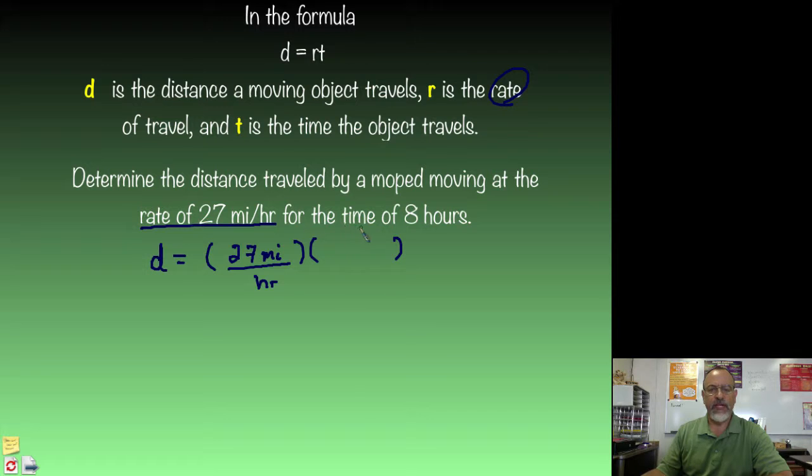And then it says for a time of 8 hours. The time that the object travels is the T, so that's going to go here. So hopefully you'll notice that all I've done here is I've begun to evaluate an equation.